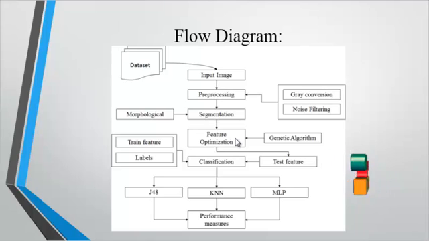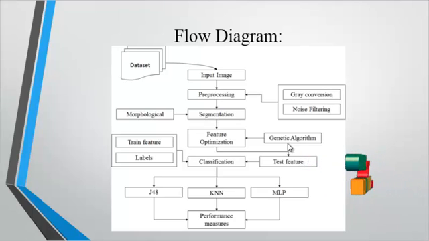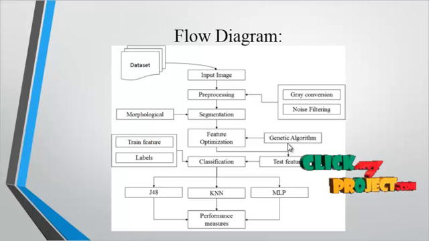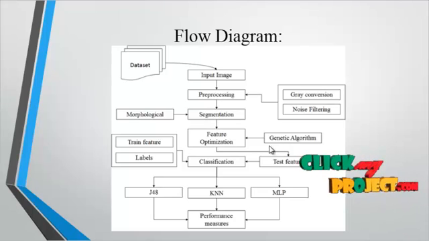Then feature optimization is carried out using the genetic algorithm. The genetic algorithm is the most commonly used optimization method to optimize the feature values. In that, feature selection is carried out. The most stable features are selected using the genetic algorithm.